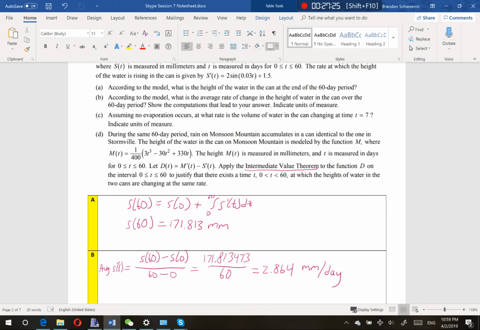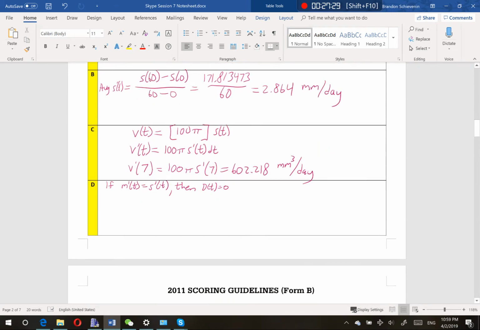Okay, so I do need to write that actually. That'll be the first part of my conclusion, as both functions are continuous. Okay, and we'll keep going with that in a second.